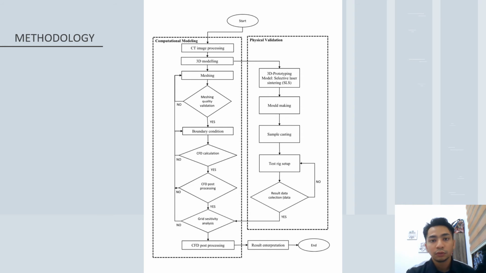If we go to CFD, after 3D modeling, machine quality validation, boundary condition, then CFD calculation, CFD post processing, and last, we get a grid sensitivity analysis. Then again CFD post-processing to get a result interpretation.